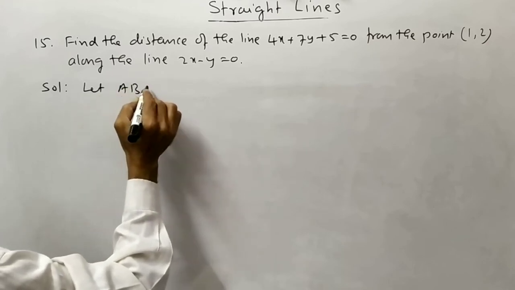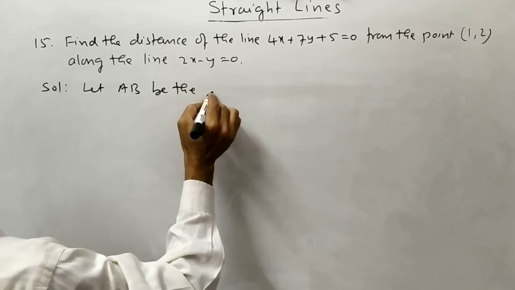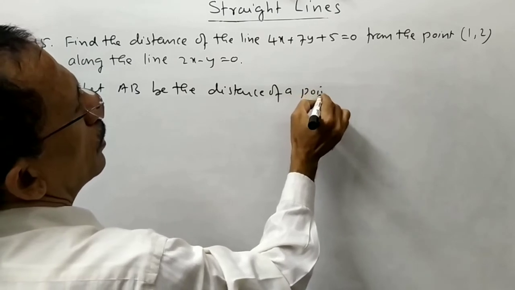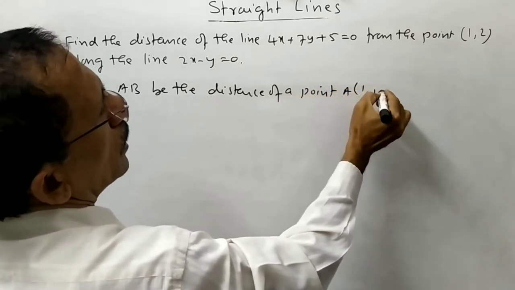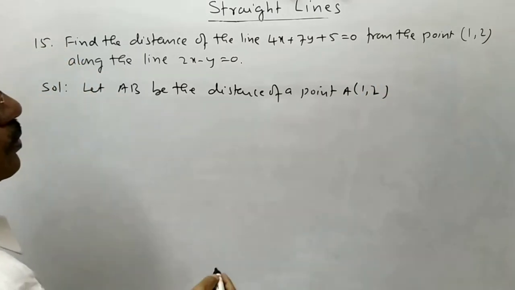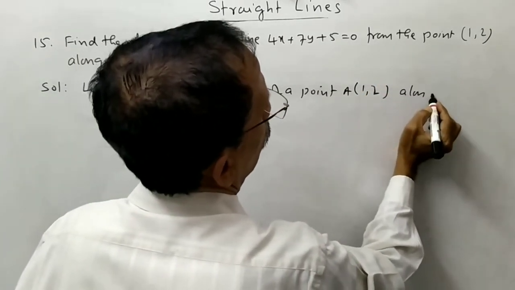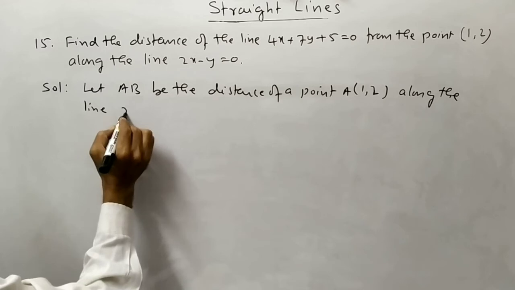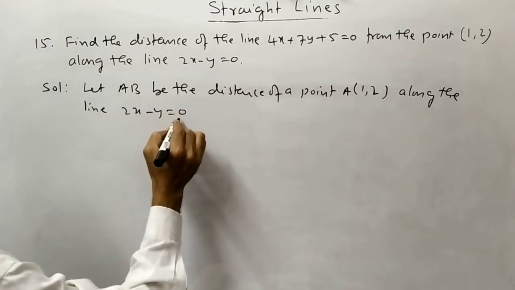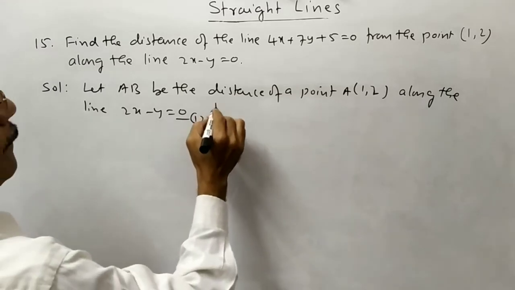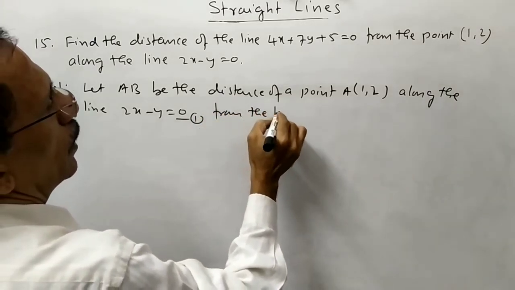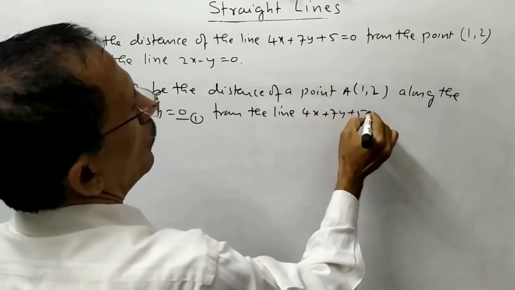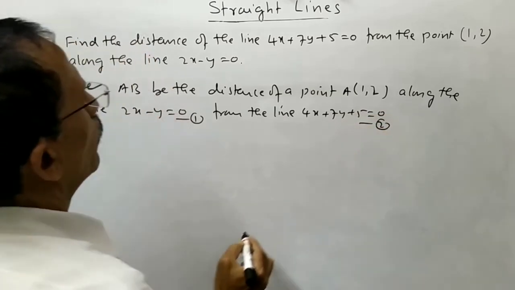Let AB be the distance of a point A with coordinates 1 and 2 along the line 2x minus y is equal to 0, say number 1, from the line 4x plus 7y plus 5 is equal to 0, say number 2.